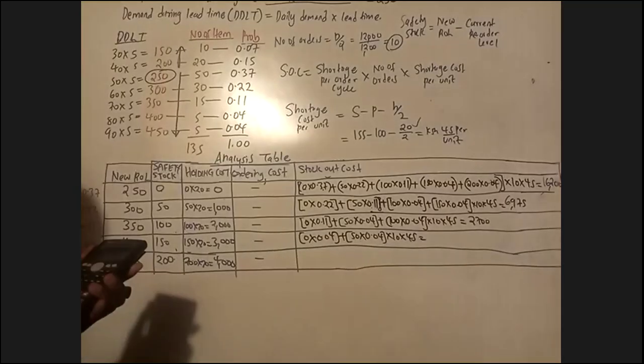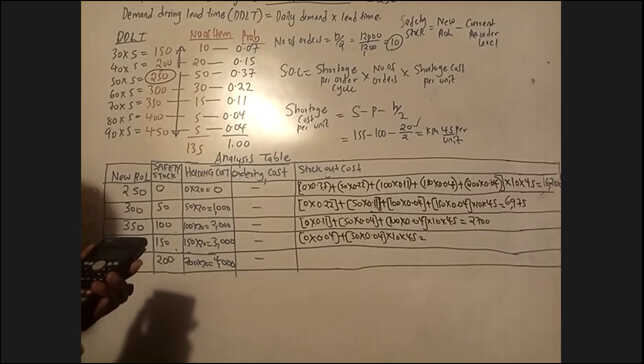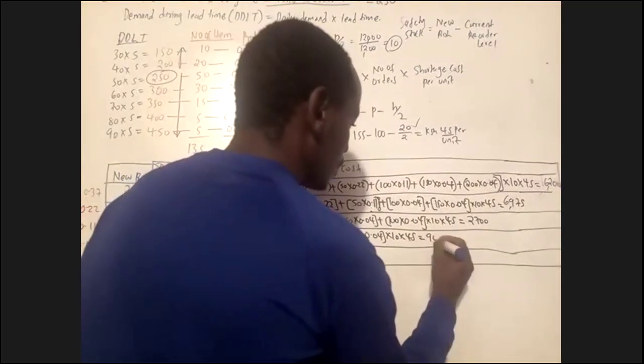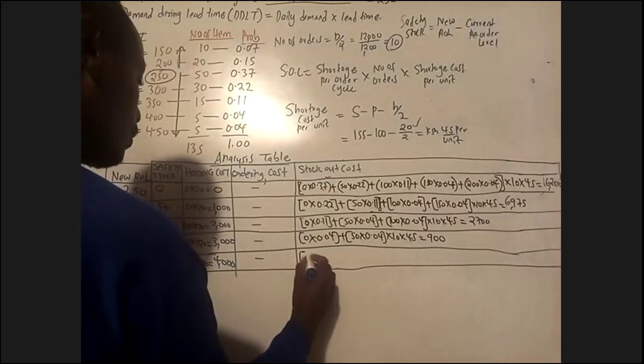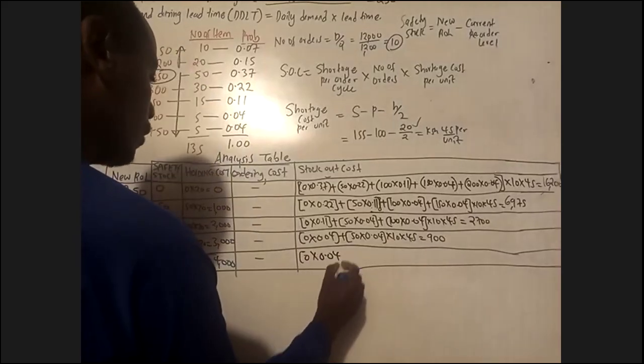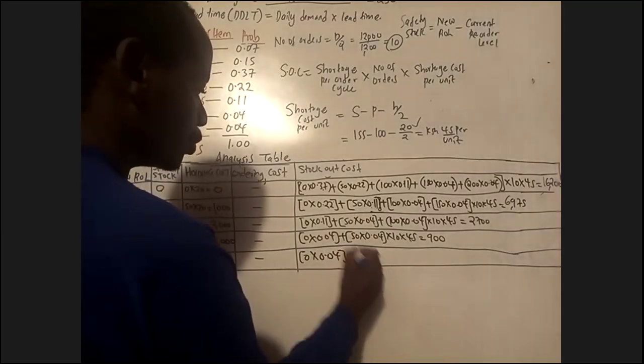So itakuwa ni 50 times 0.04 times 10 times 45, 900. Then ya mwisho itakuwa ni 0 times 0.04, inaishia hapo, which is 0.